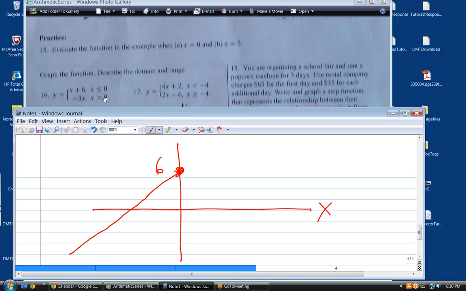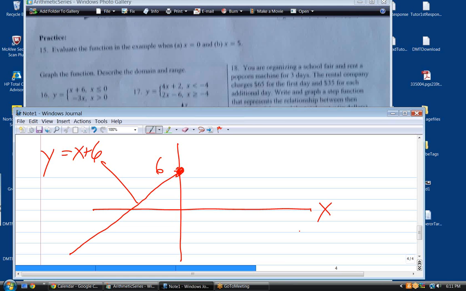Okay? When x is greater than 0, in other words, to the right of the y-axis, what's the function? This function here is y equal x plus 6.